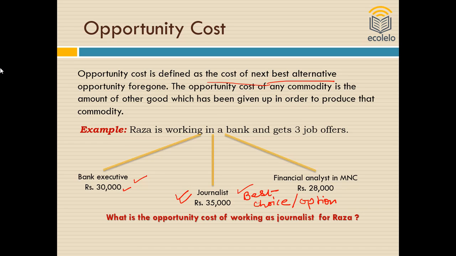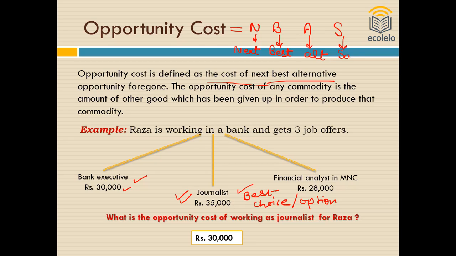So what is the opportunity cost of working as a journalist for Raza? Rupees 30,000. I'm sure most of you must have guessed it. Now, to remember this, just remember that opportunity cost is equal to N B A S. What does N stand for? Next. What does B stand for? Best. A, alternative.